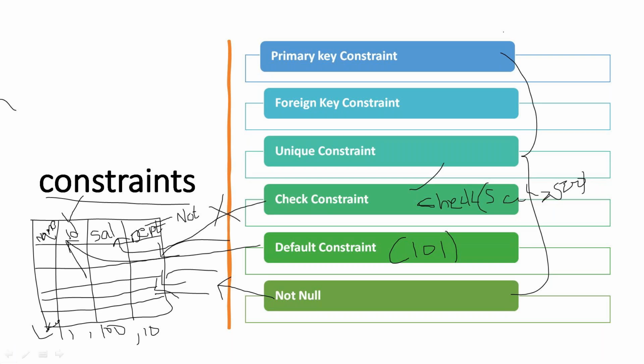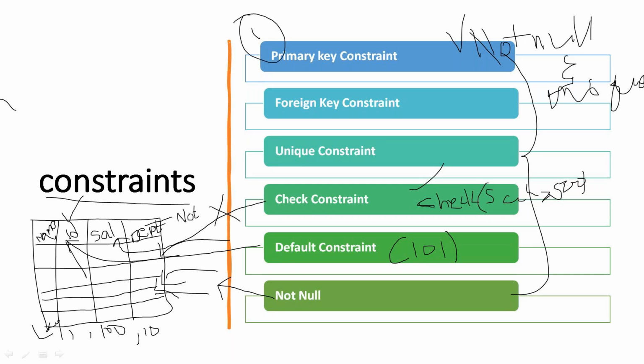Now, primary key is a combination of not null and unique. Understand? Not null and unique. And only one primary key we can have for a table. Remember these two points. I will explain with an example. Primary key is what?